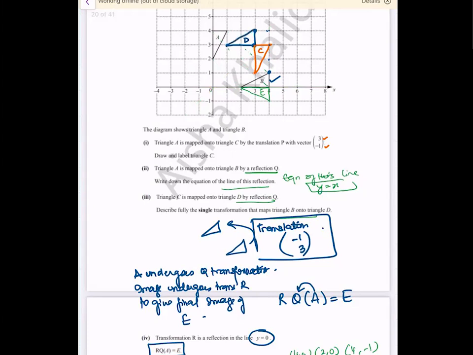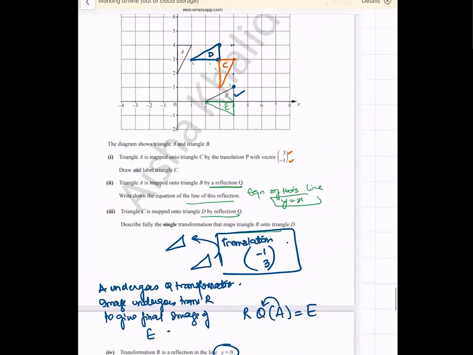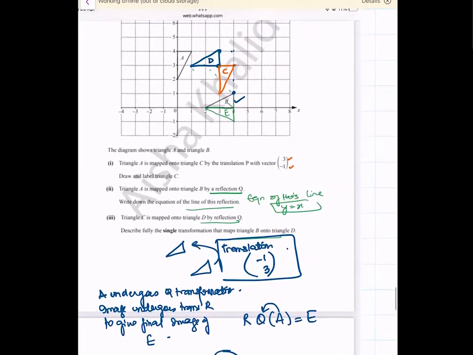And the rest of the diagrams need to be drawn. You can also remove them because they're not asking you. No, C needs to be drawn because they have said C should be drawn. All right, so if I make the perpendicular bisector, it is going to be this for this line, and for this line it is going to be somewhere here. So it's rotation.